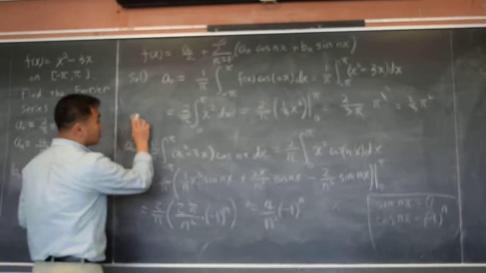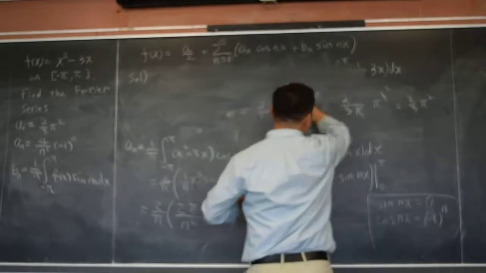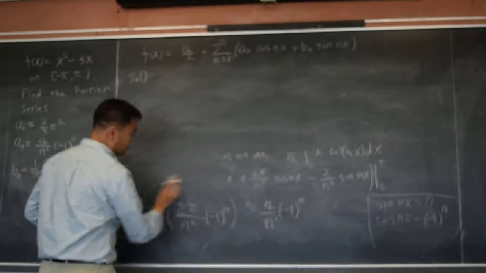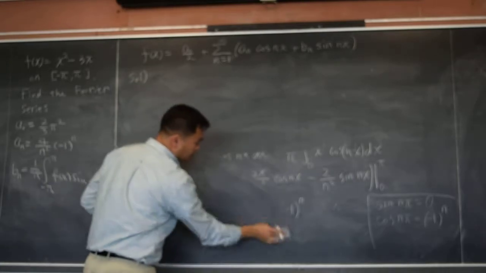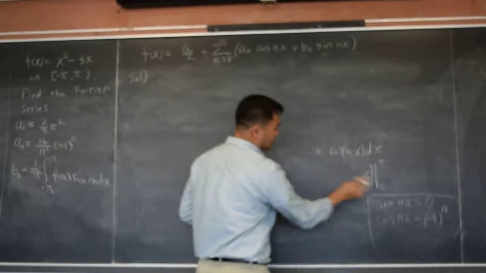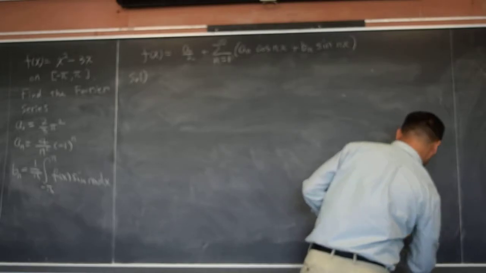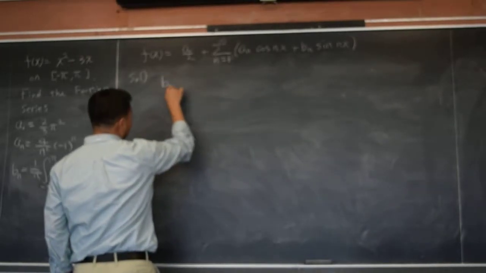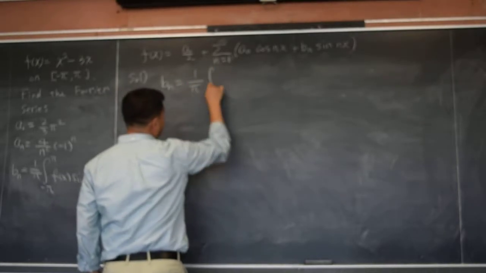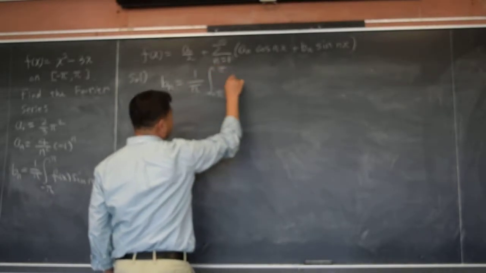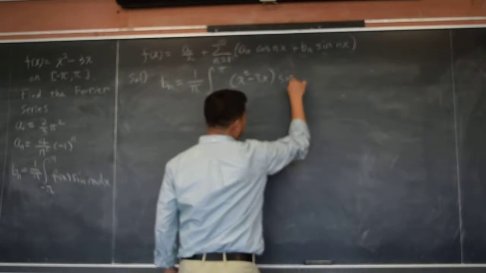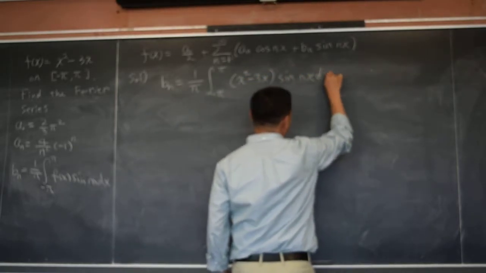So let's calculate this over here. Therefore, Bn is 1 over pi, integral from negative pi to pi, our function is x squared minus 3x times sine nx dx.